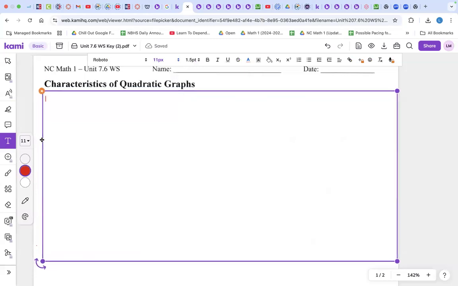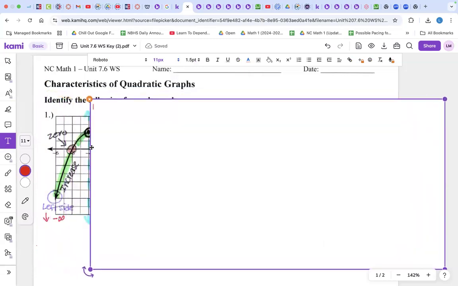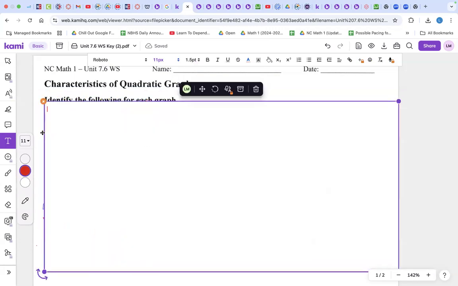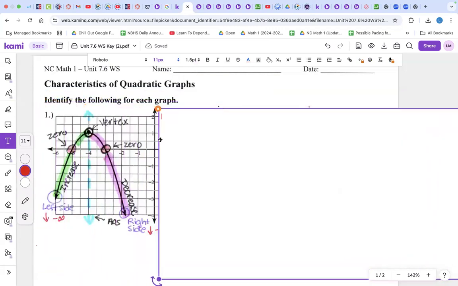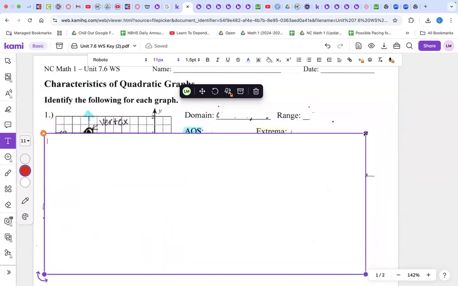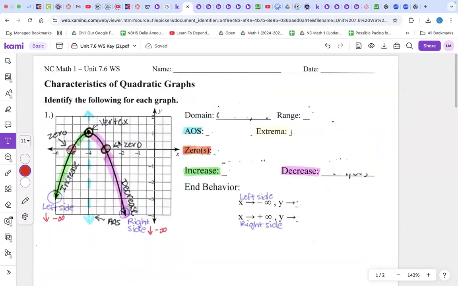So you have a parabola. I would encourage you to label as much of it as you can. You know what this is.